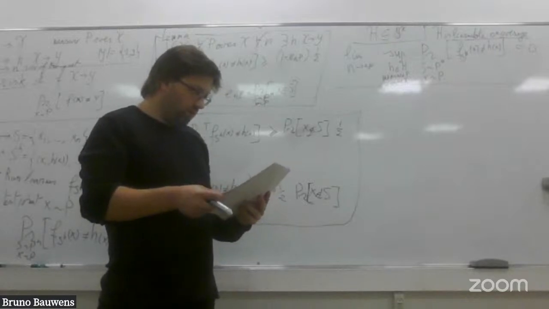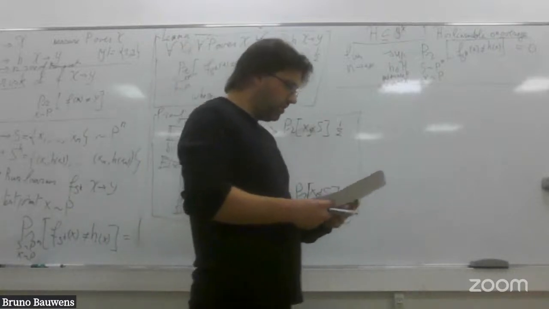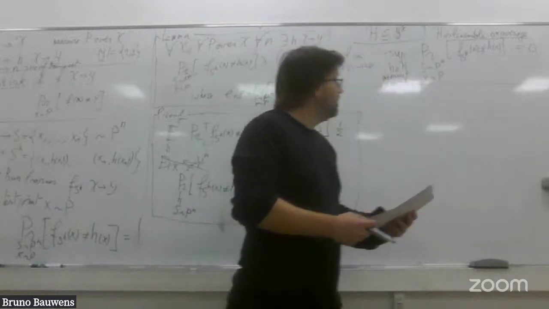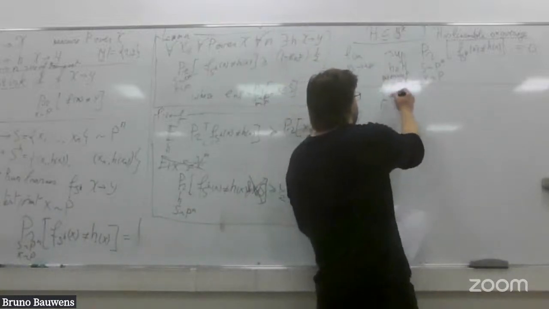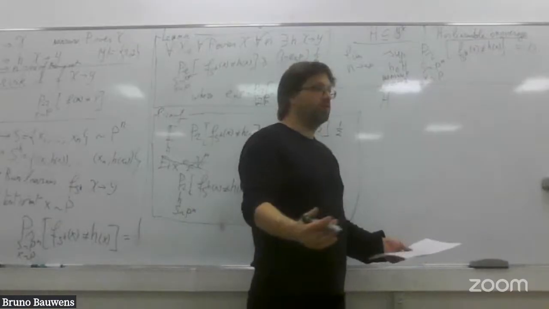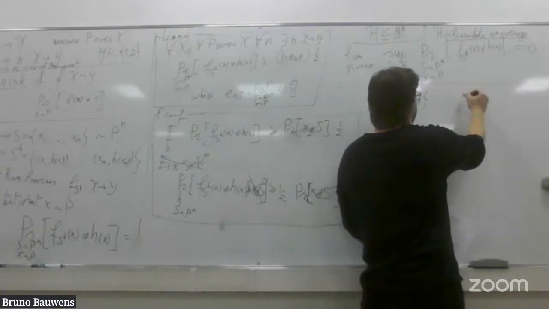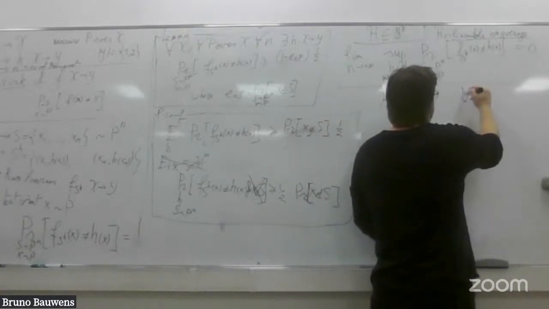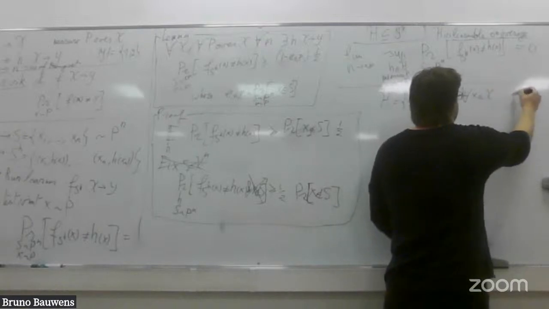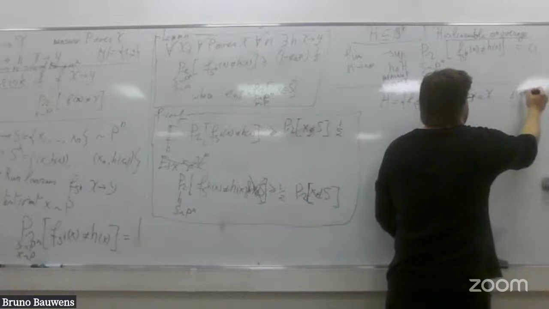Other examples. Another one is imagine that H contains two classifiers that disagree on every input. So they're different on each input. That's f and g, and then for all x, f of x differs from g of x.